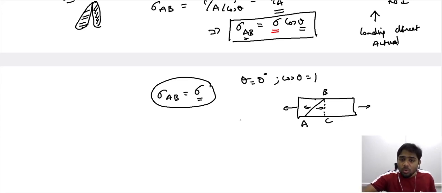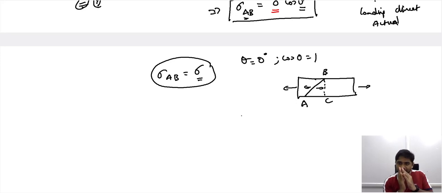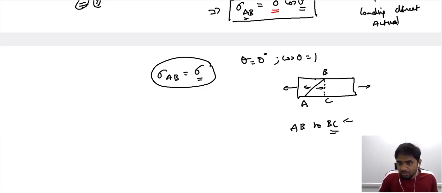Now it is also possible that your area of interest is inclined. What other factor is different when compared to BC? When you compare AB to BC, AB is inclined to BC, and BC is the one area that we consider during the test condition. Of course, we have an inclination of theta.